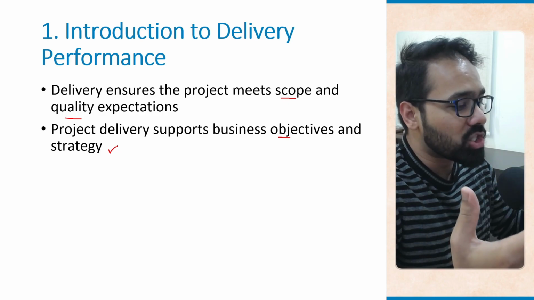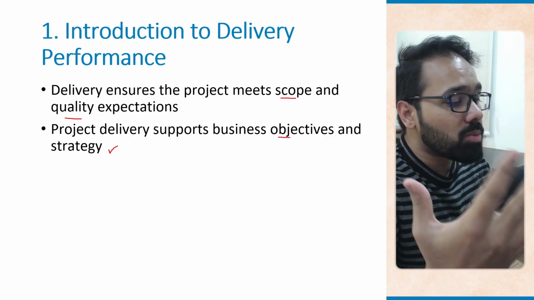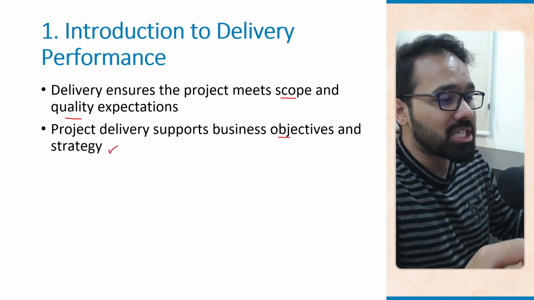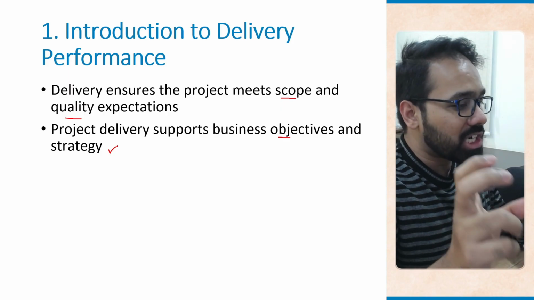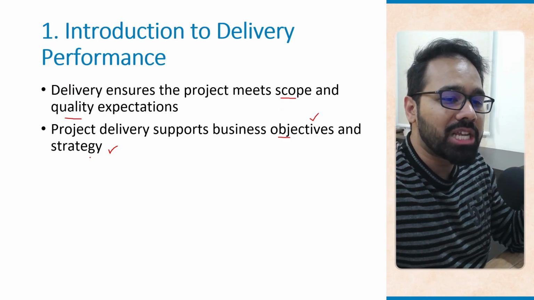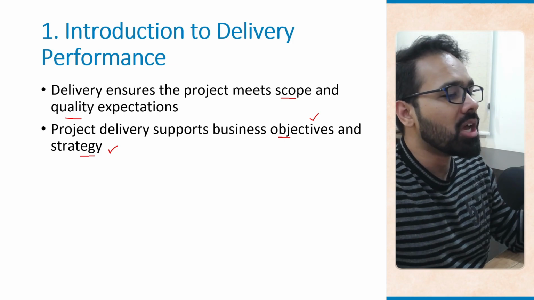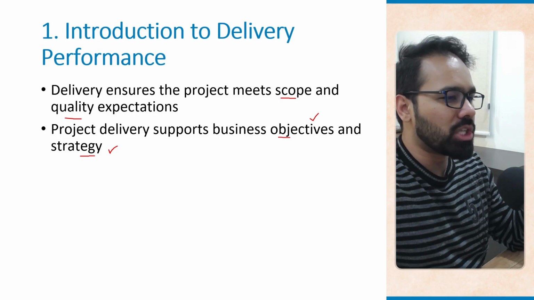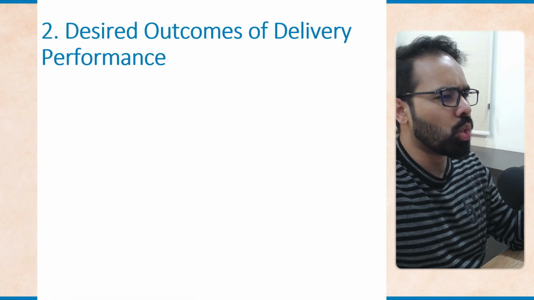That could be the business objective. It reaches more customers. That could be a business objective, right? So project delivery supports both your business objectives as well as the strategy that the organization has. So this is why delivery is so important.